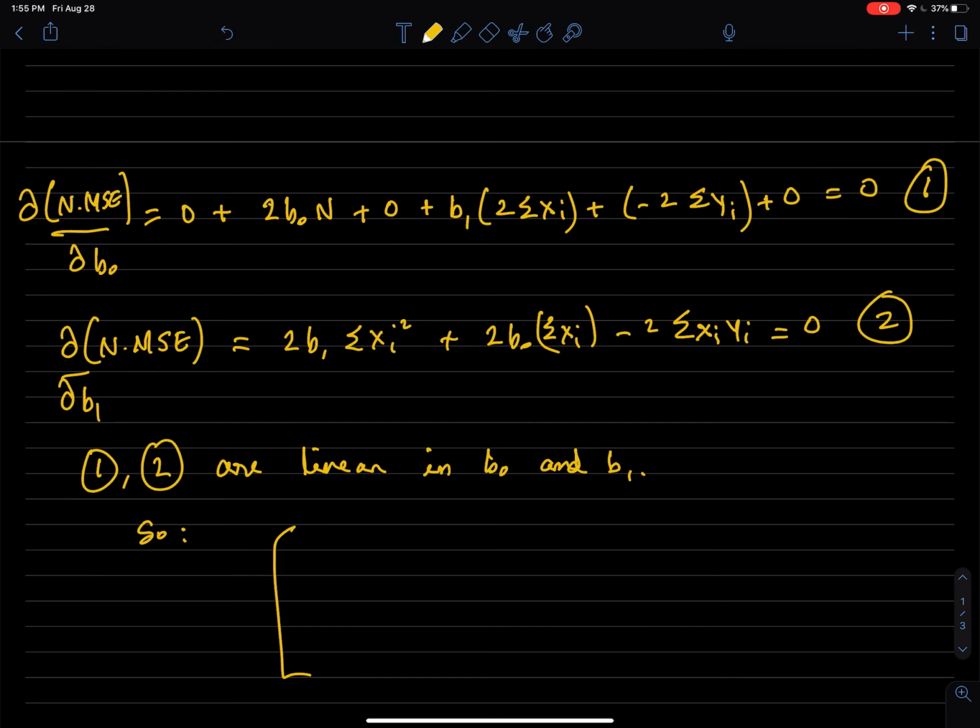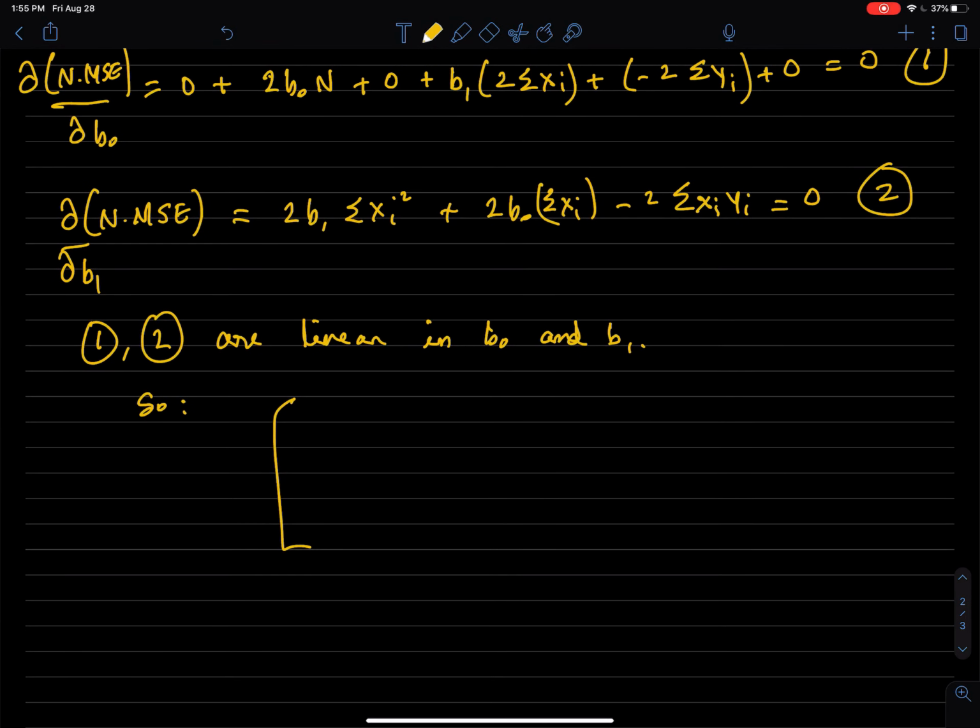We can pull out the relevant coefficients here, like so. Let's actually write this matrix, times b naught, b1, equals some right-hand side.